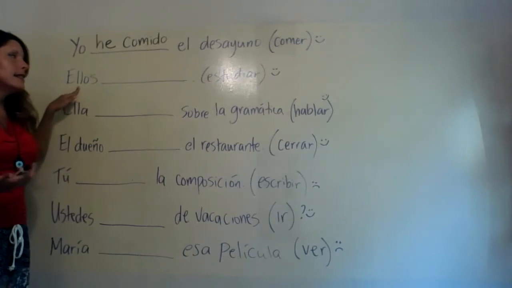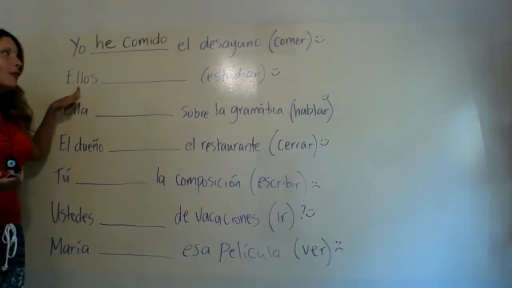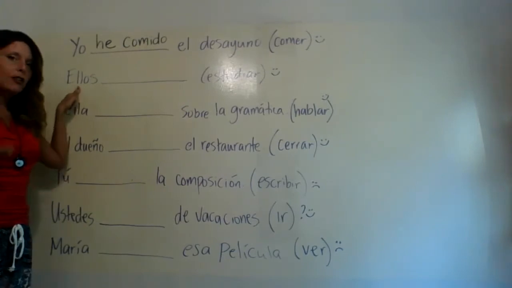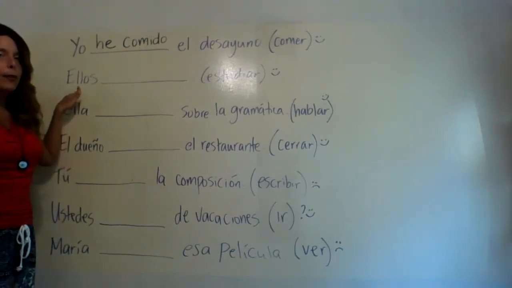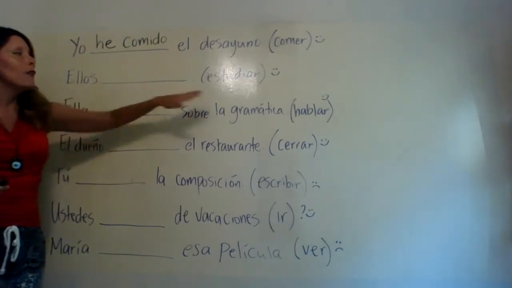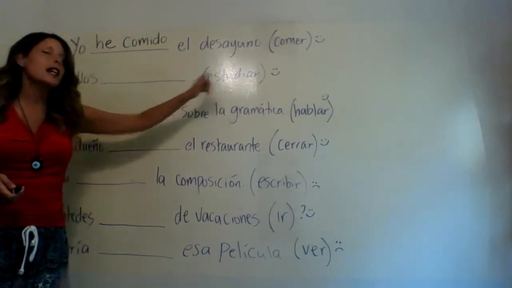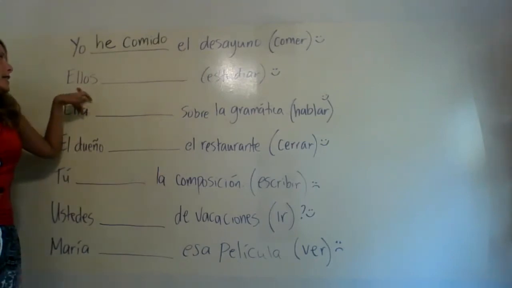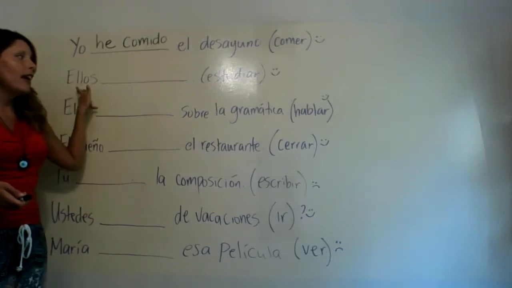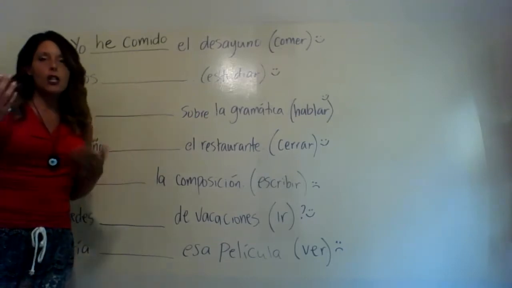So what is the sentence trying to say? If we know that the present perfect is I have blah, blah, blah, you have, she has, we have eaten, whatever, and we're using the verb estudiar, which means to study, with they as the subject, our sentence is trying to say they have studied. I would jot that down if I were you.